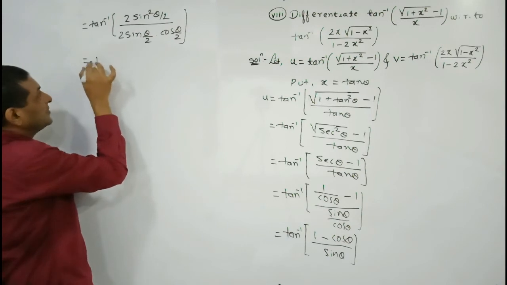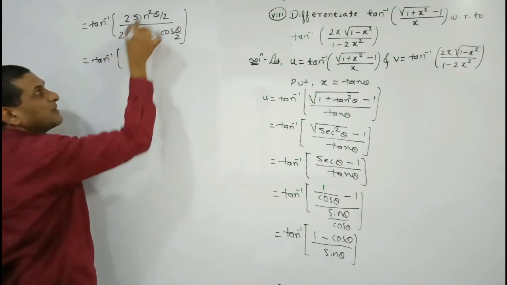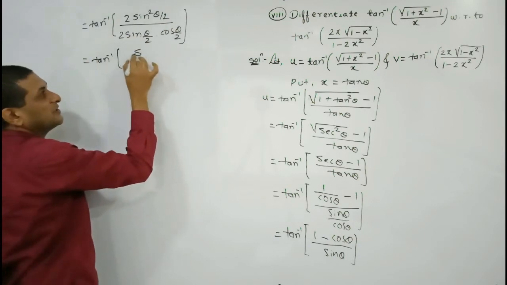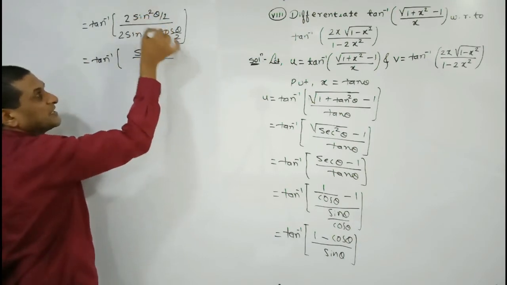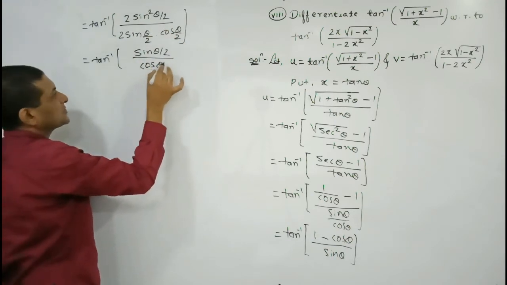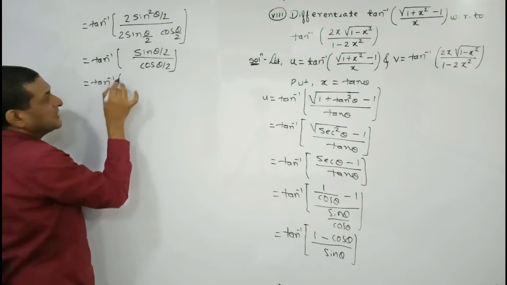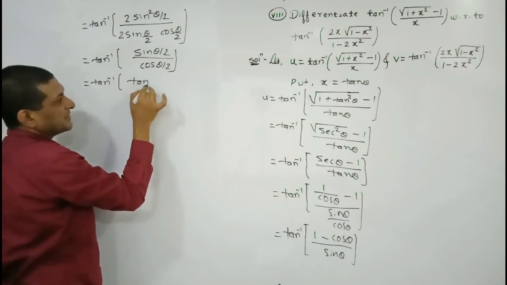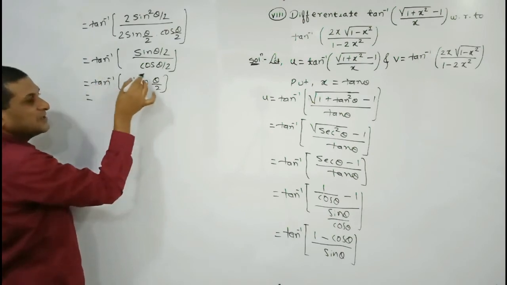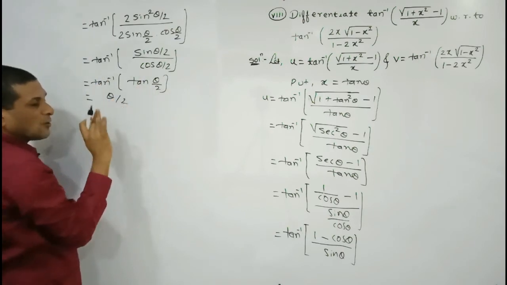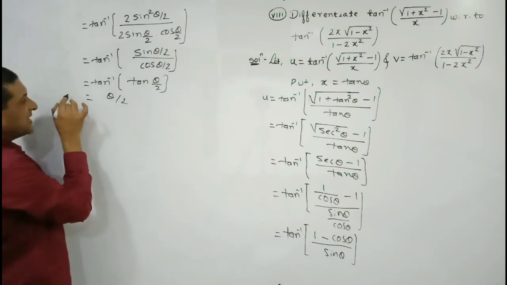So which is equal to tan inverse of, 2 and 2 will get cancelled, and one sin theta by 2 in the numerator will get cancelled. So the remaining term in the numerator is sin theta by 2 and in the denominator it's cos theta by 2. Now sin upon cos is nothing but tan theta by 2. So tan inverse, and tan will get eliminated according to our property of inverse trigonometric functions. So this is the value of u.